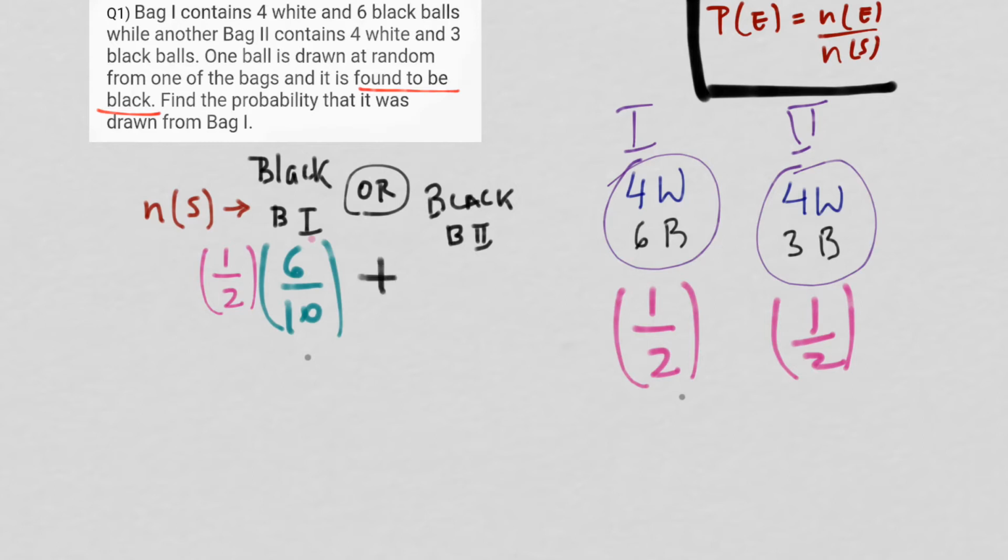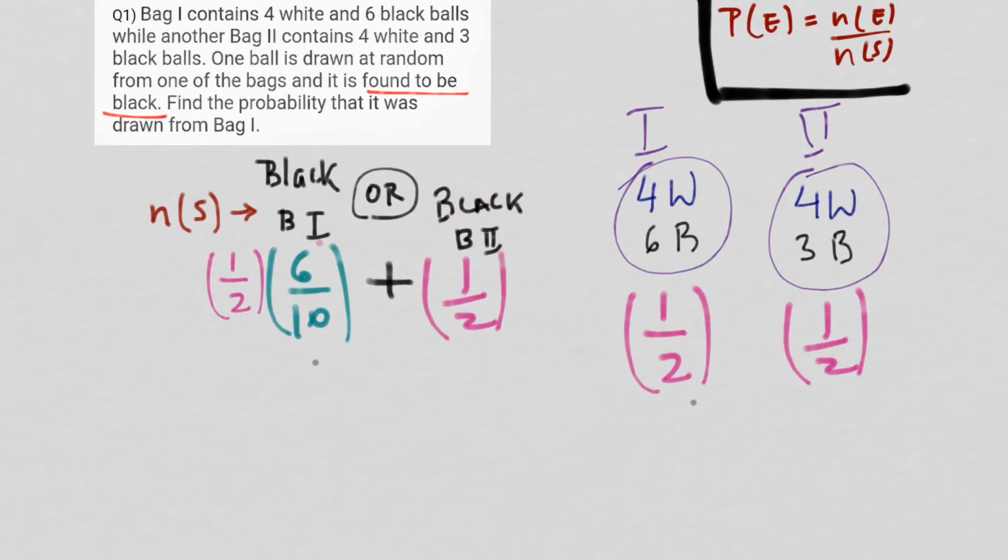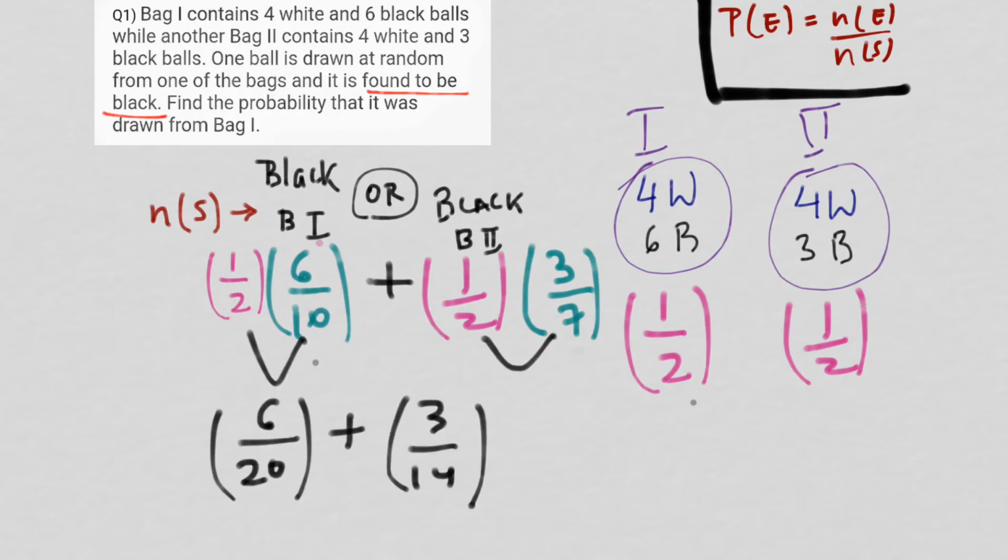Or the probability of choosing bag 2 is half and that of getting a black ball is 3 upon 7. So this is 6 upon 20 and this is 3 upon 14. Adding the two, 18 upon 35. That's our NS. NS equals 18 upon 35.